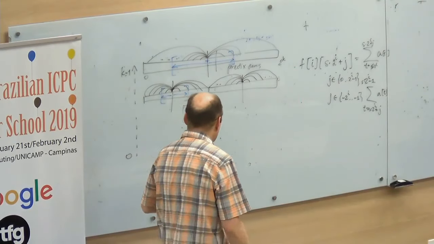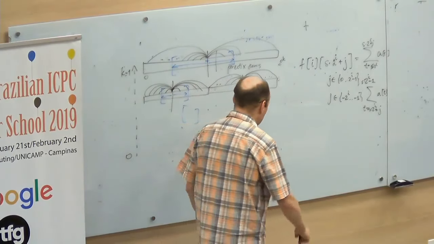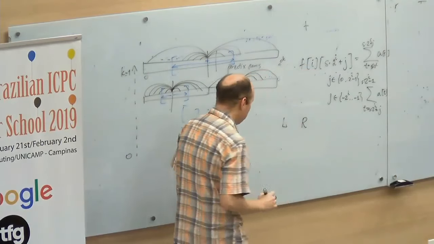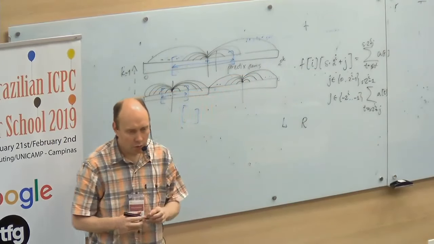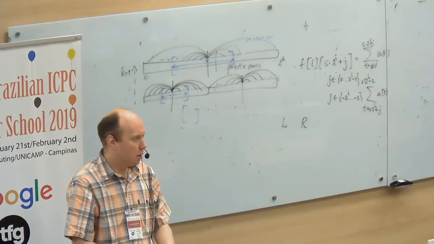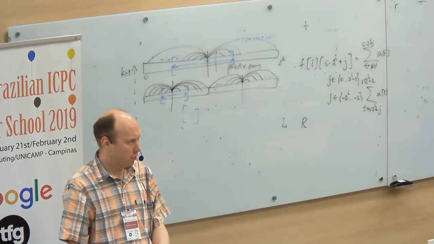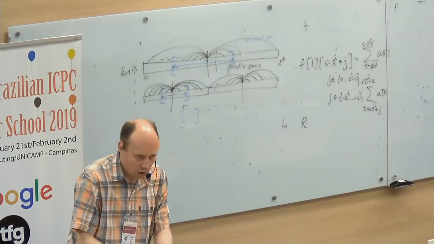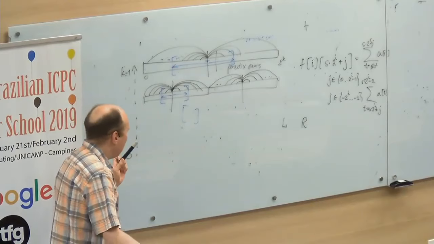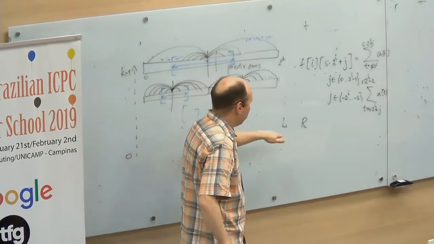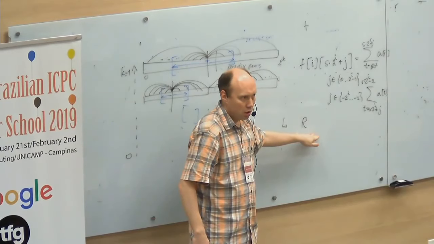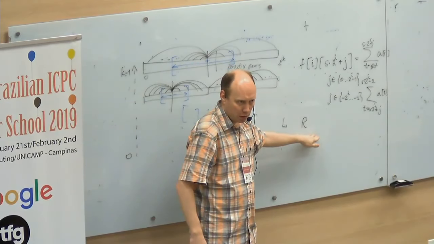And how to find the answer for the segment? We have L and we have R. We want to find what is between them. What is the power of 2 between them? How to find one? So let's see. The answer is, we must find the topmost bit in their representation that is different.